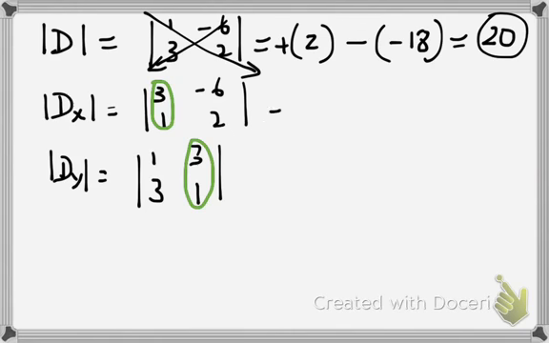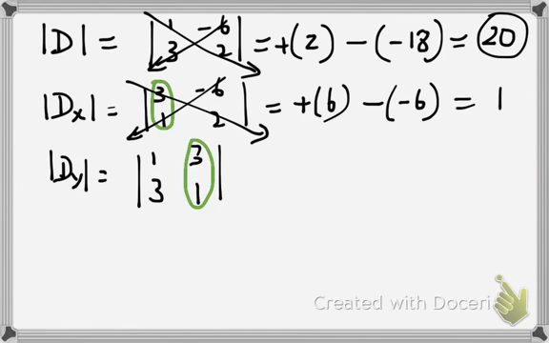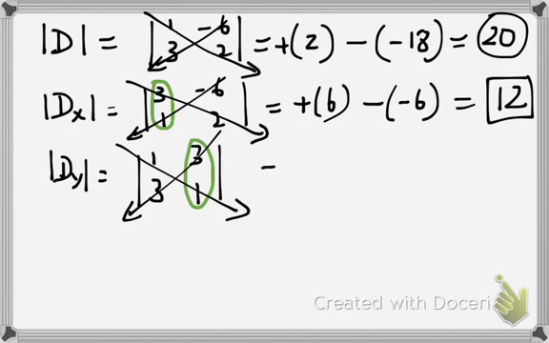Okay. So for D sub x, we have positive 6 and then negative of negative 6. It's not a 0 but a 12. Are we okay? Cool. And then for D sub y, I have a 1 going one way. And then negative of 9, negative 8.